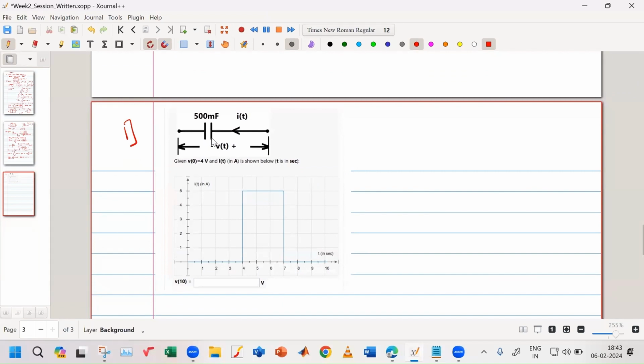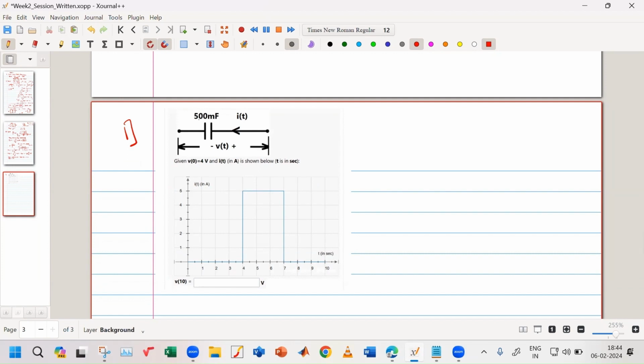What do we have? We have a capacitor. What is the value of the capacitance? 500 millifarad.